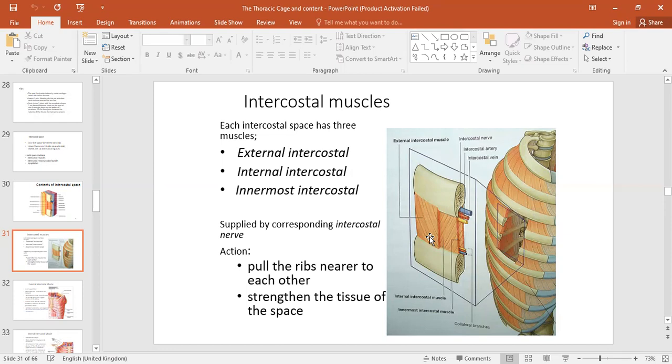In terms of direction, the fibers are the same as internal intercostal muscle. They move from the rib above to the rib below, but from anterior towards posterior, or medial towards lateral. So they are also muscles of expiration.